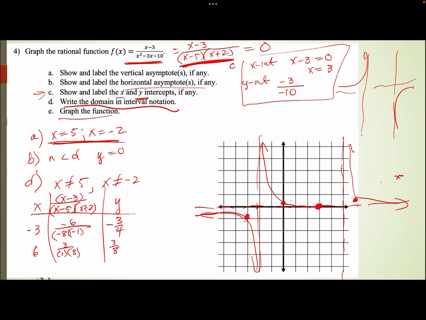So I'm going to put a 4 in here and see what happens. When I put 4 in, I get 1 and negative 1 and 6, which gives me negative 1/6. So I know it's coming back down, and that's what my graph is going to look like. Okay?